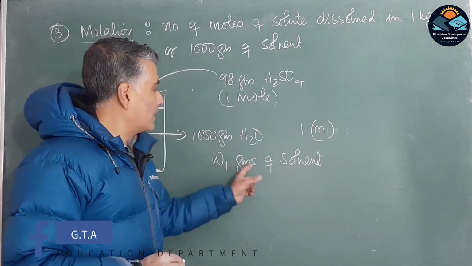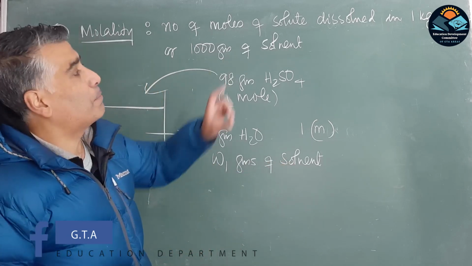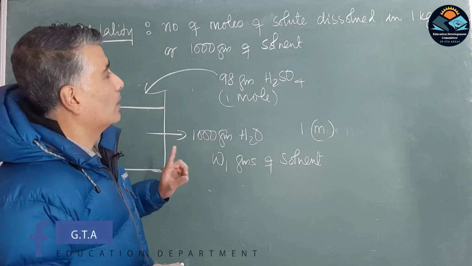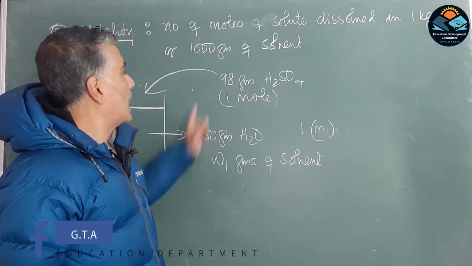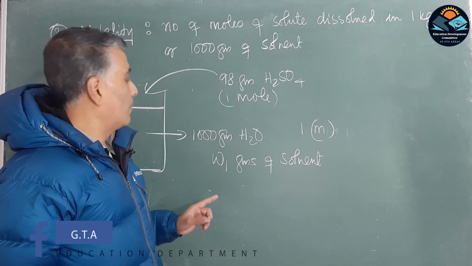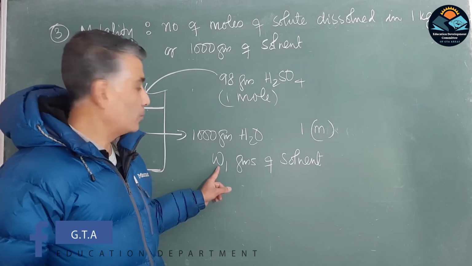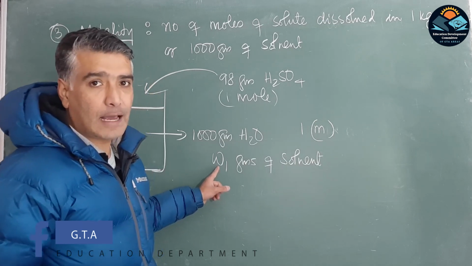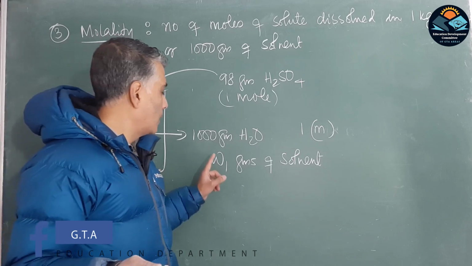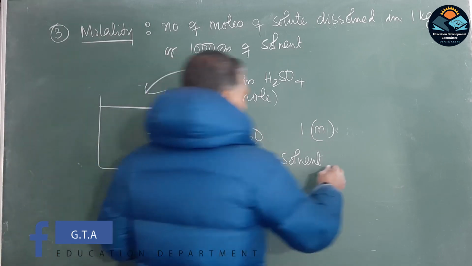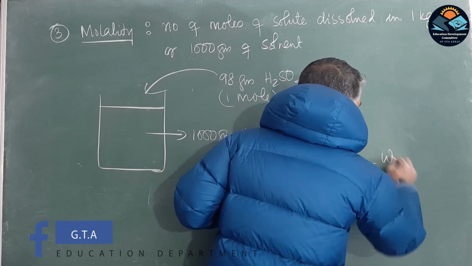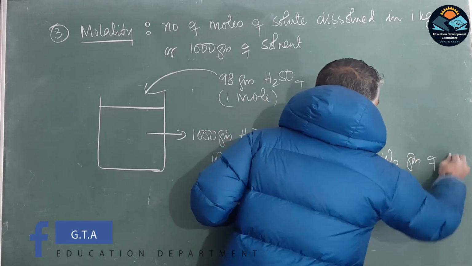By taking W1 grams of solvent, I'm breaking that constraint of 1 kg. So I'm saying I don't have 1000 grams of solvent, I have got W1 grams of solvent, which could be 10 grams, 20 grams, 100 grams, 1000 grams, any amount. So I've got W1 grams of solvent, and let's say that dissolves W2 grams of solute.